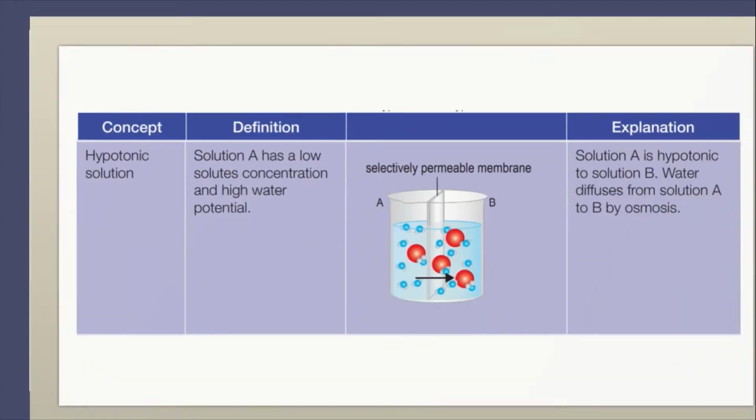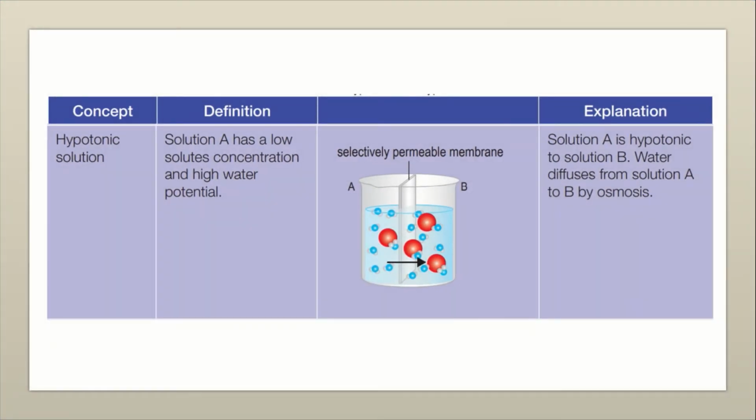Next, hypotonic solution. Solution A has low solute concentration and high water potential. B has high solute concentration and low water potential.